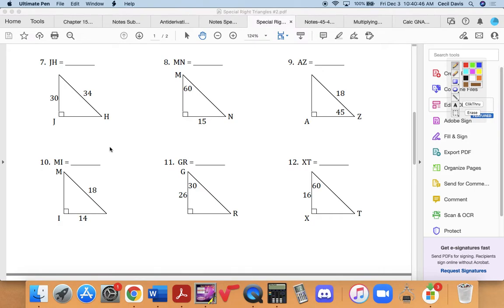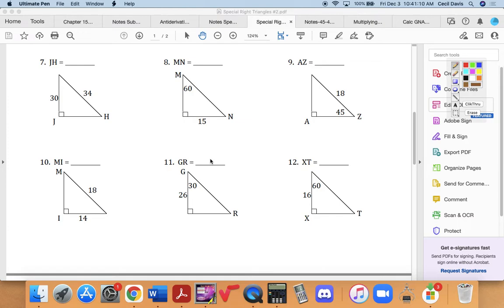I multiplied. I'm not looking for the hypotenuse, right? That's correct. You're not looking for the hypotenuse. Okay, never mind. Gotcha. Any other questions on the front?